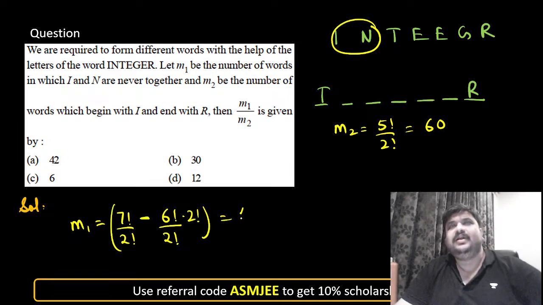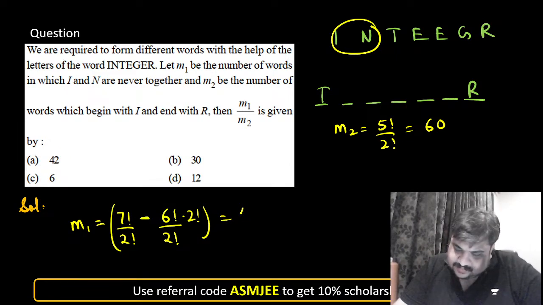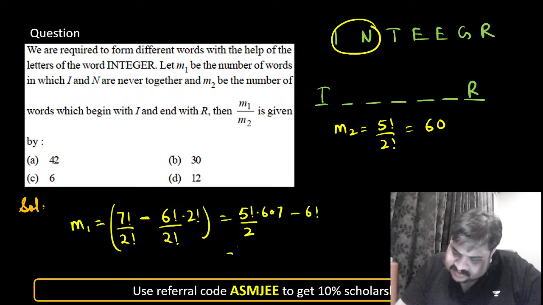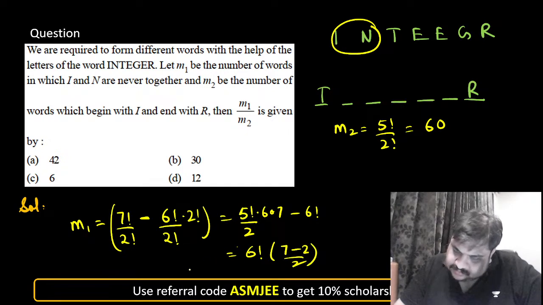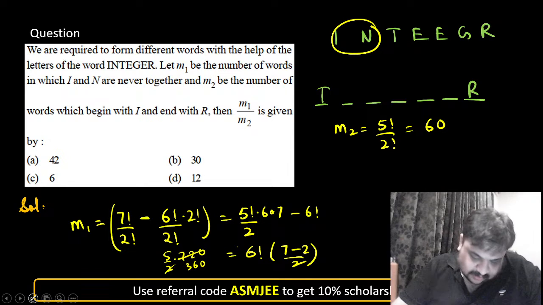What is 7 factorial? It is 5 factorial into 6 into 7 by 2 minus 6 factorial. So we can take 6 factorial common. 7 minus 2 by 2, 5 by 2, into 720. So 3630. Option B.